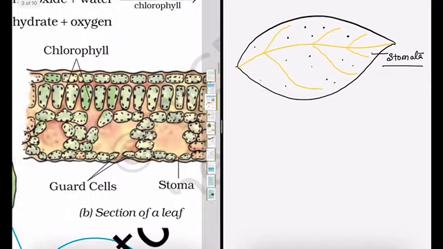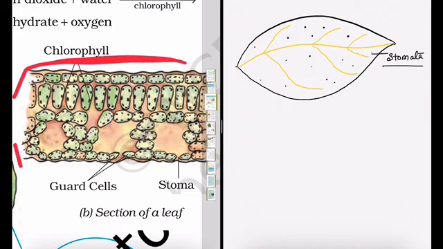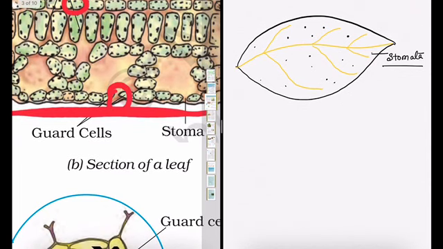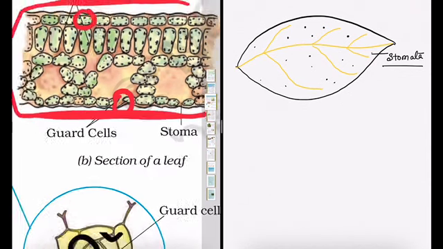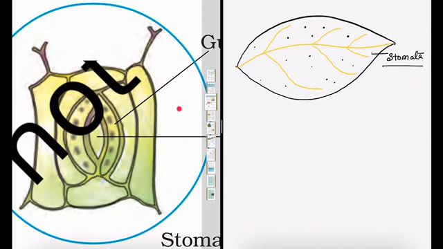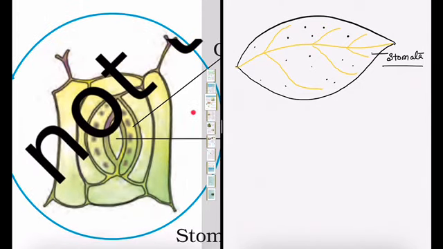If we make a section of the leaf, we can see that inside the leaf there are small cells. These are cells, and here is the stomata. If I make a simple diagram, the stomata looks like this.